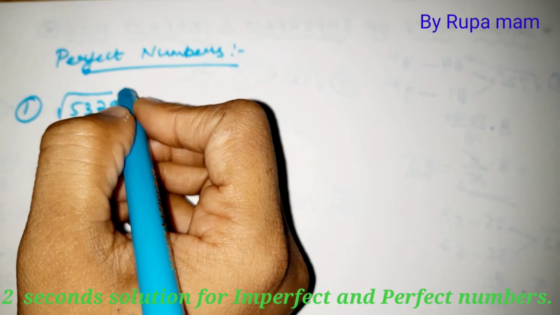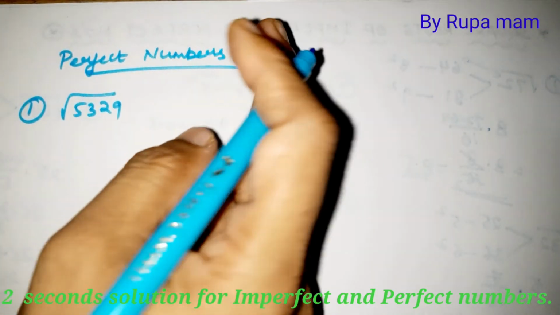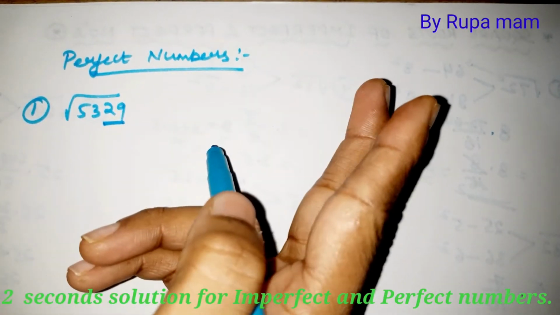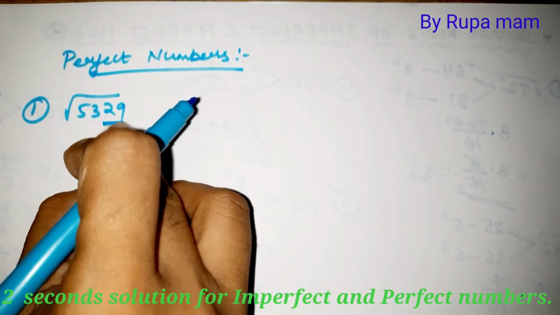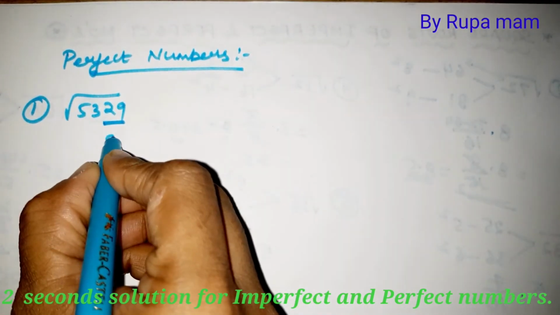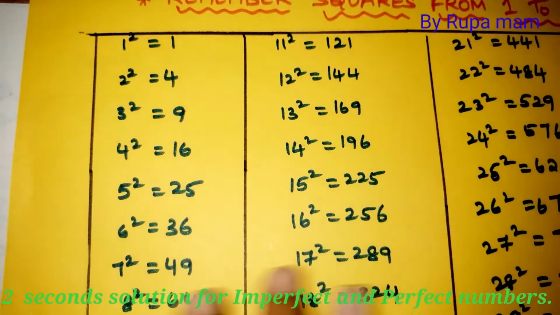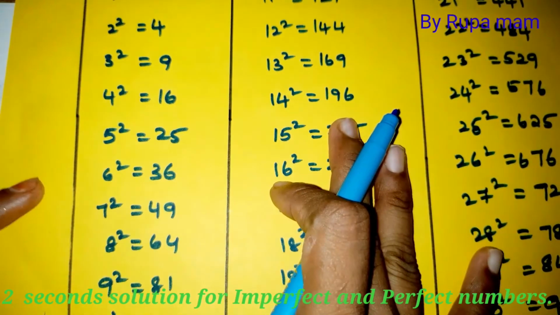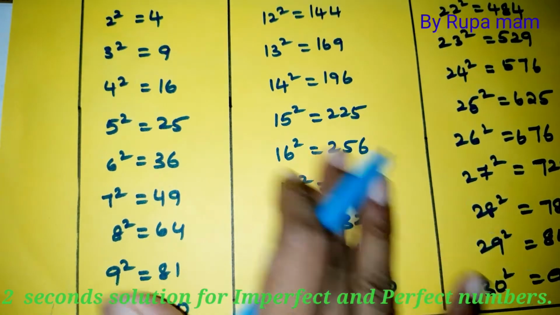Remember here, if you observe this 4-digit number, first step is underline the last 2 digits. That means 1's place and 10's place. In this, what is the unit digit? 9 is the unit digit. 9 is in which squares? 3 square and 7 square, 49.